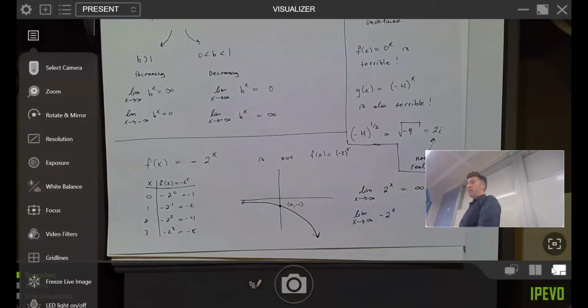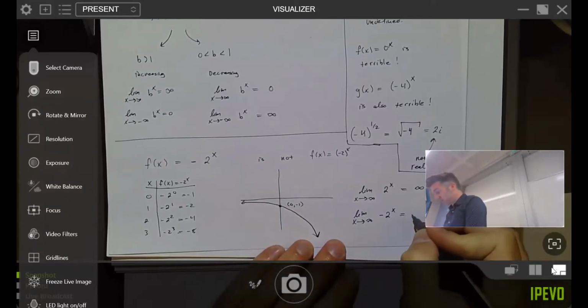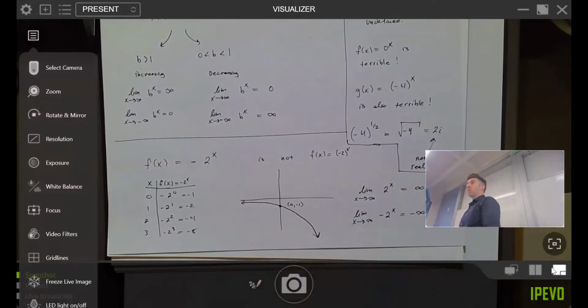If I multiply infinity by -1, I get negative infinity. We can also see it graphically. As we go further and further right, this graph goes down, down, down to negative infinity. So hopefully that's a good answer to your question.